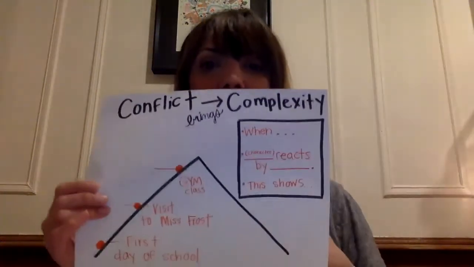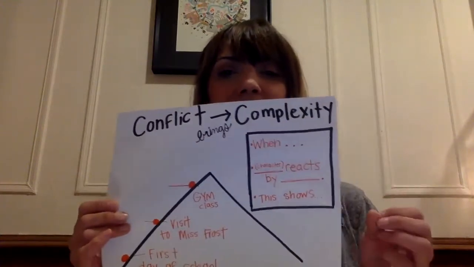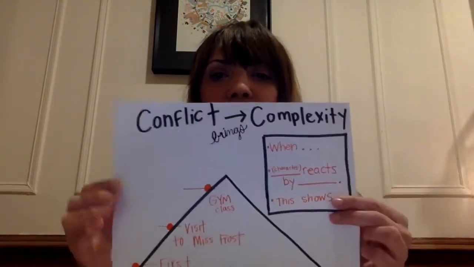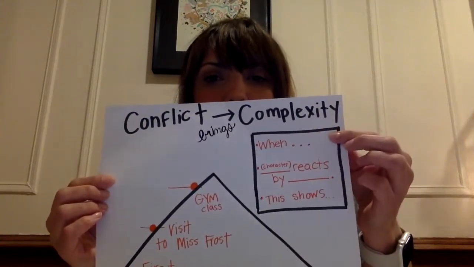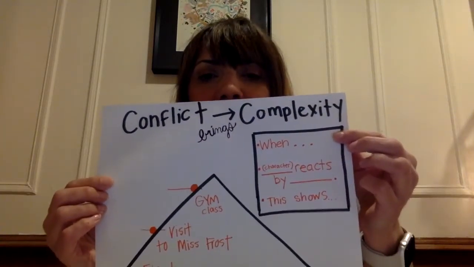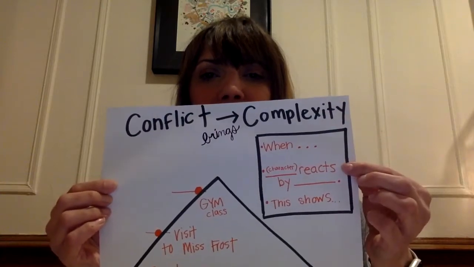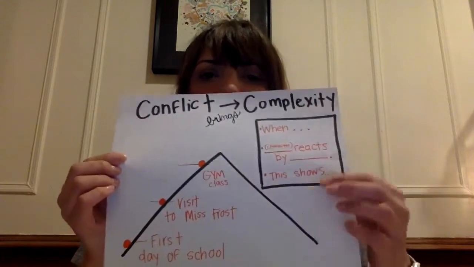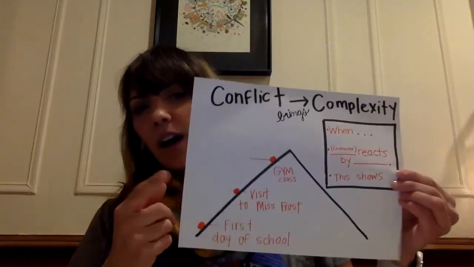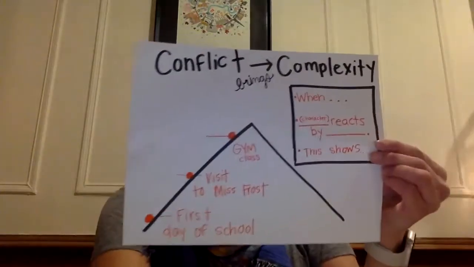I'm going to try to name the conflict. So to say when, and name the trouble. When this thing happens, how does my character react? And then grow an idea about them. So I'm going to choose the second one, the visit to Miss Frost.